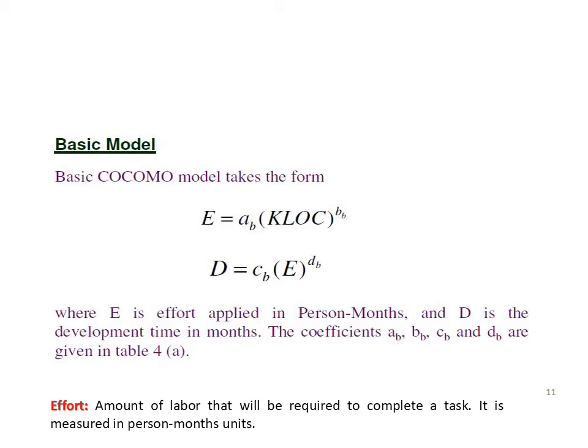So effort E equals A into KLOC raised to B, and duration D equals C into E raised to D, where E is the effort in person months and D is the duration in months. These coefficients A, B, C, D will be given in the next table.